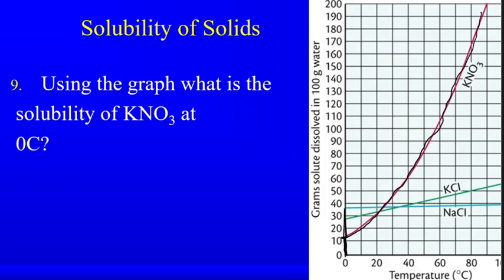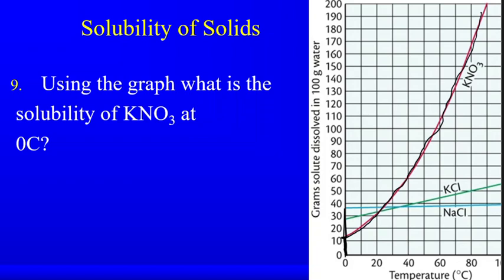About halfway between 10 and 20, right? I said 15 grams. But if Lindsay were to say 14 grams, I would accept it. If Carl were to say 16 grams, I would accept it, because with this graph, you really can't tell the ones very easily. But it looks like it's about halfway.